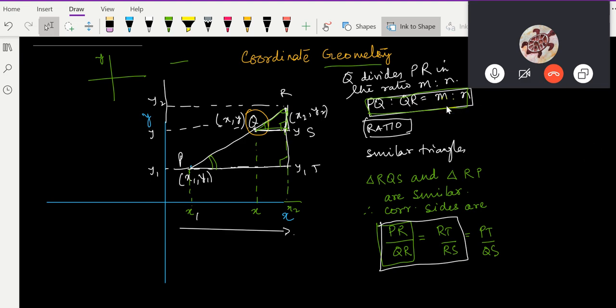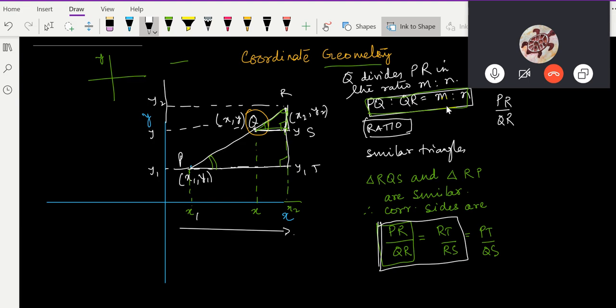It is the ratio of the whole line PR to QR. I want to write PR by QR in terms of M and N. How do I do that?